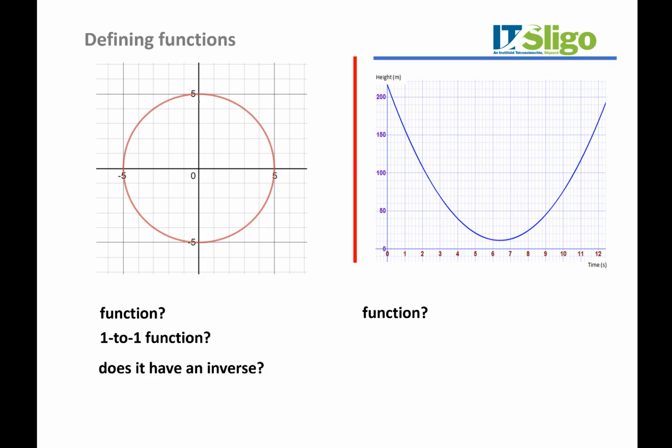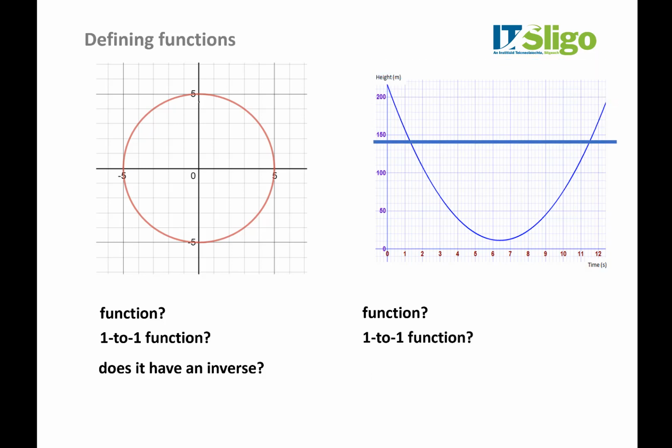Well, we can see the vertical line is only cut once, no matter where it goes. But when we drop down a horizontal line, there are loads of places where different inputs can produce the same output.